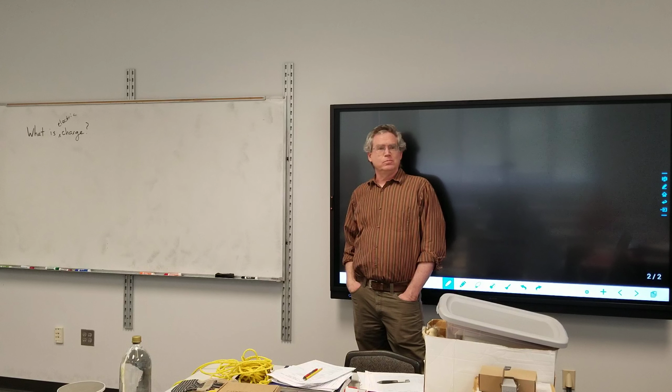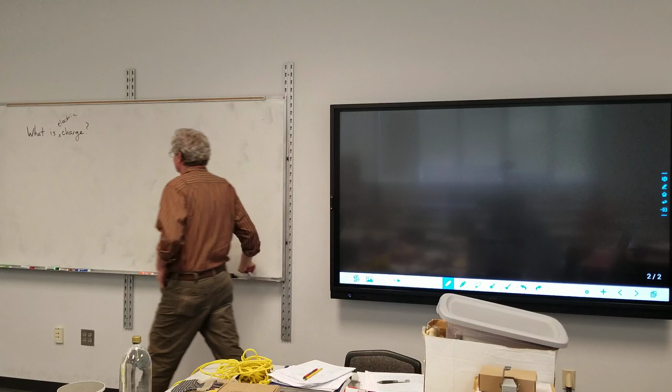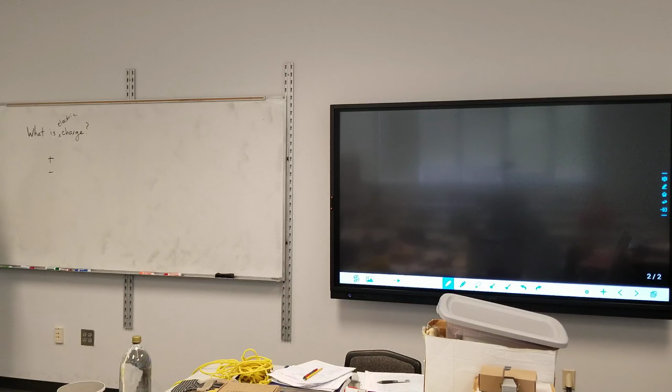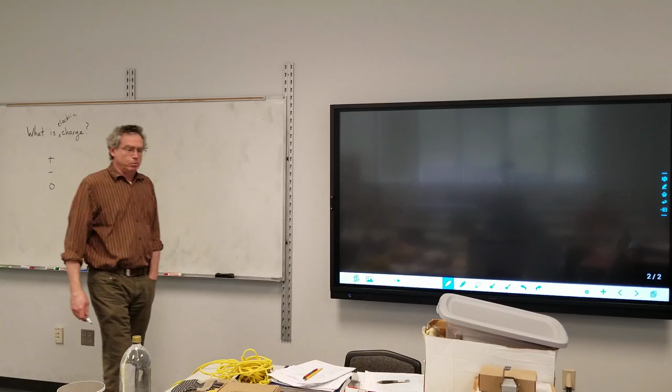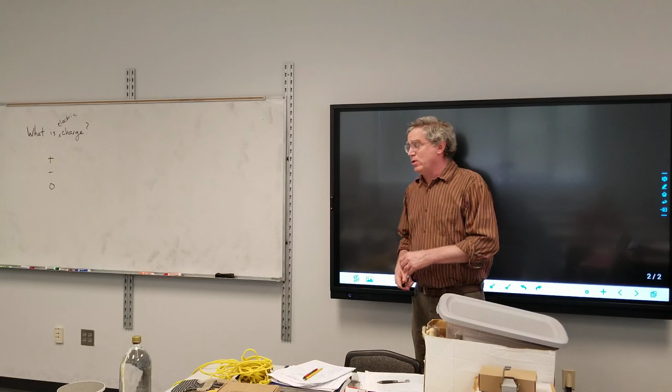There's a positive and a negative. Okay. Is that it? Neutral charge. Okay. Is there another one? Not that anyone's found. Sorry, spoiler. Okay. What do you know about positive charges?